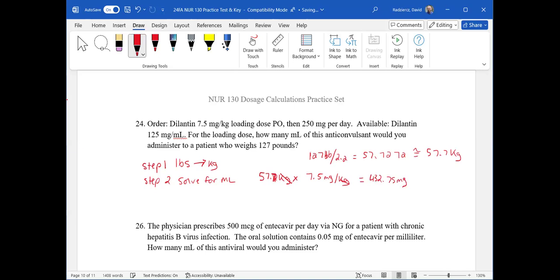Okay. Then, if you are a big fan of doing ordered over available, now you can do that. Now I can take my order, which is the 432.75 milligrams, over my available, which I told you is the 125 milligrams per milliliter.